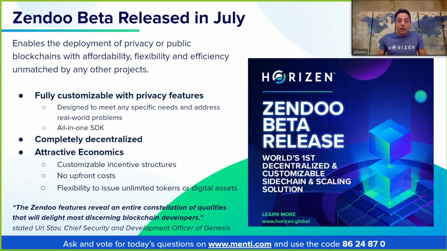It includes a specific consensus called Latus, a modified Ouroboros Praos proof-of-stake consensus to manage this two-chain interaction. When I say two-chain interaction, I mean main chain and sidechain interaction.